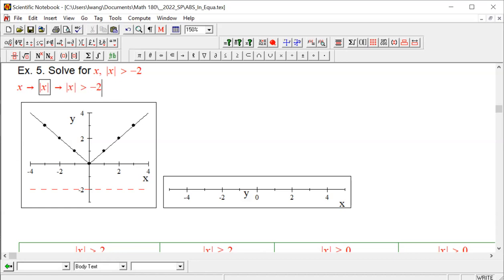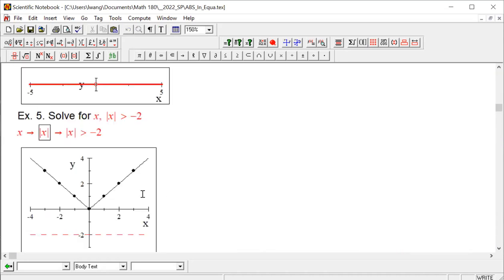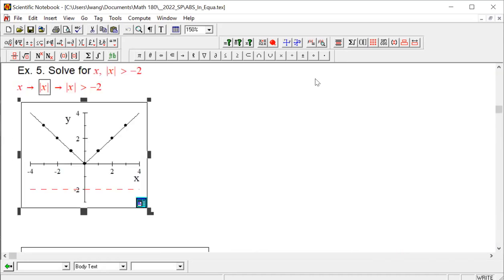The statement says we want all the solutions such that the output is larger than -2. So let's look at it one at a time. I'm going to bring this down. I don't need this picture right now.